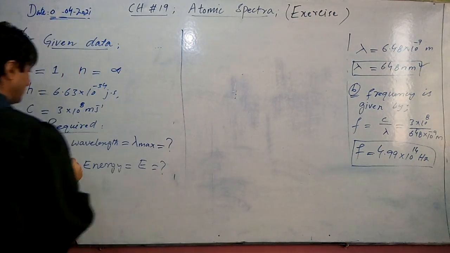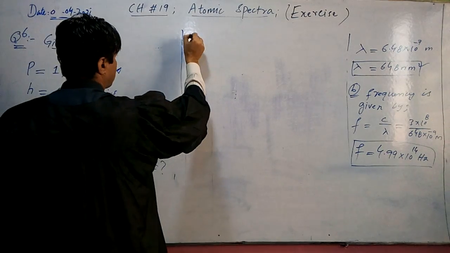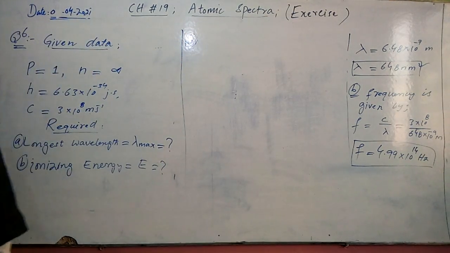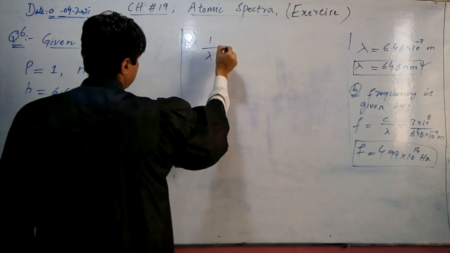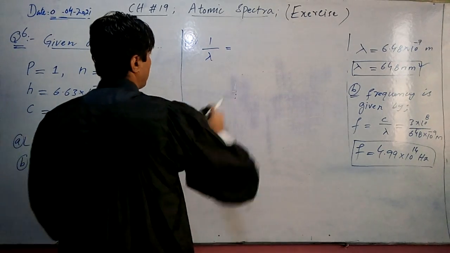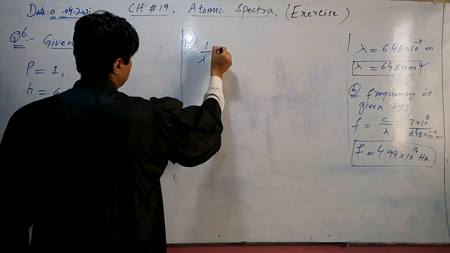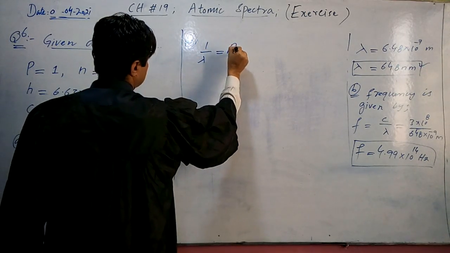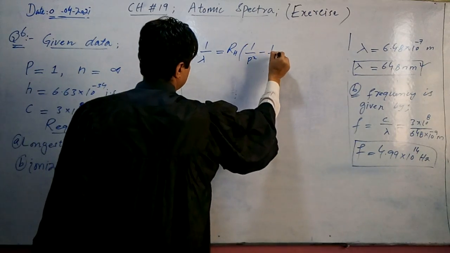Say suppose this is option A and this is option B. For option A, to calculate lambda, we know that 1 upon lambda is equal to Rydberg's constant into 1 upon p square minus 1 upon n square.